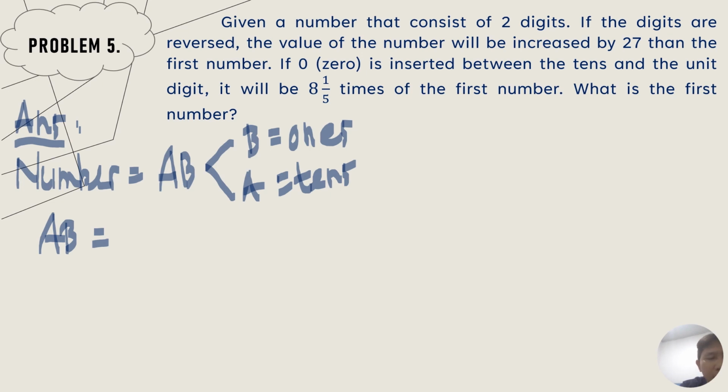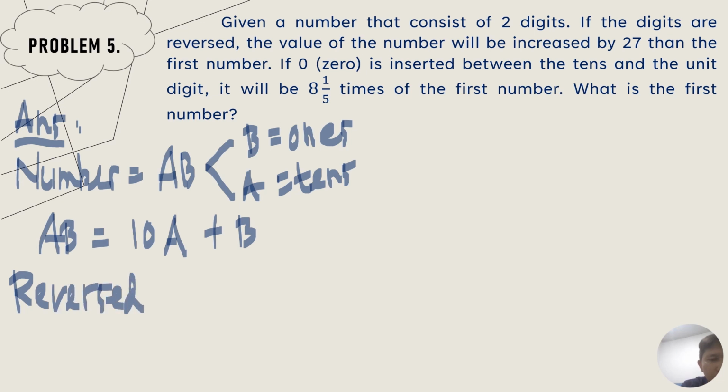Then they say that if we reverse it, BA will be increased by 27 than the first, so this is AB plus 27.